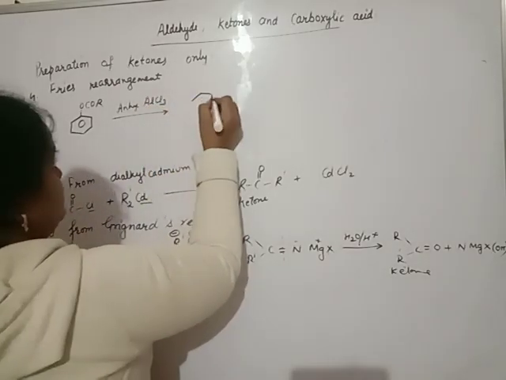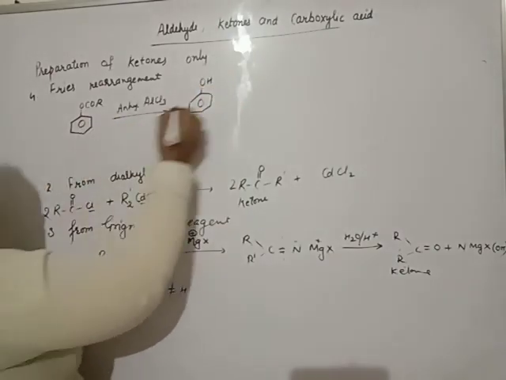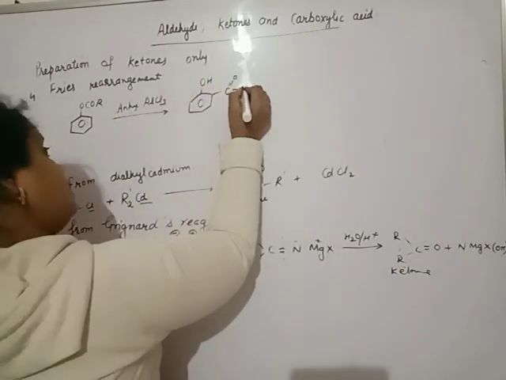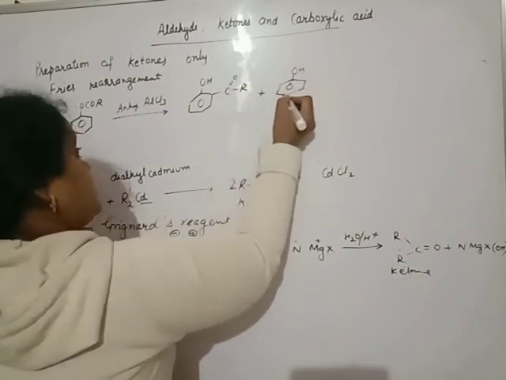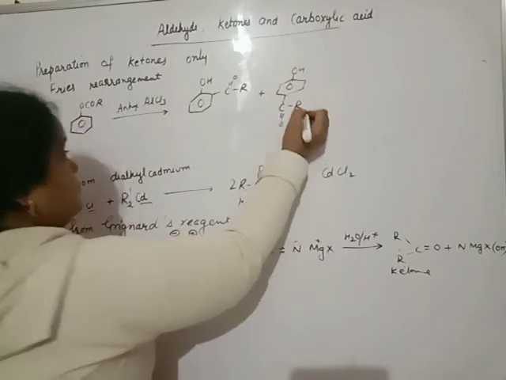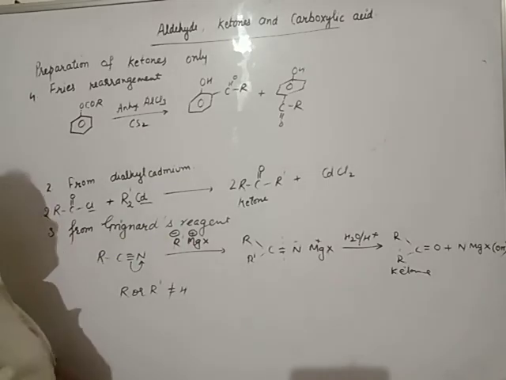Beta, it will give H of ortho or para position will remove and it will give ketones either at ortho position or at para position. And CS2, that means dry condition.